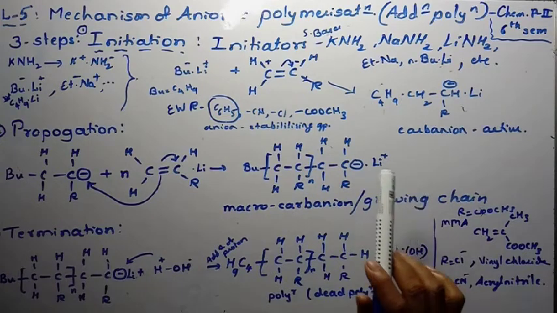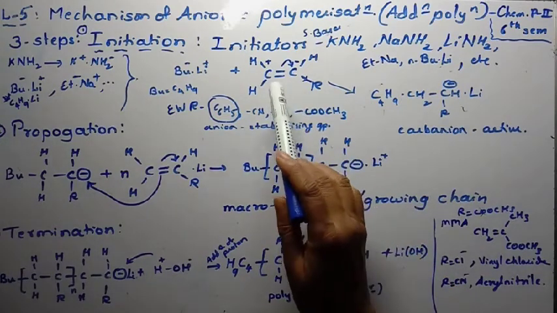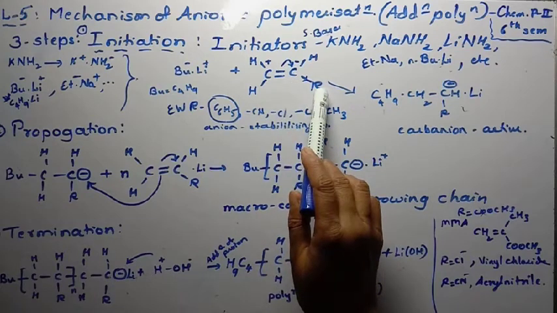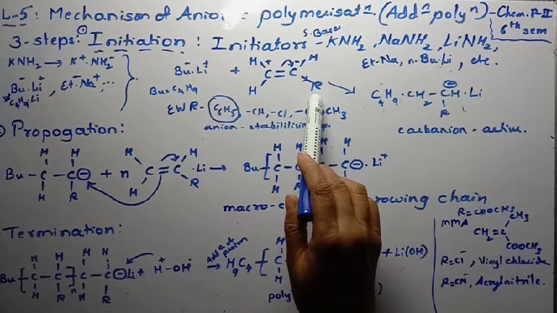Okay, and now in the case of cationic, R is an electron donating group, and in the case of anionic, R is an electron withdrawing group.